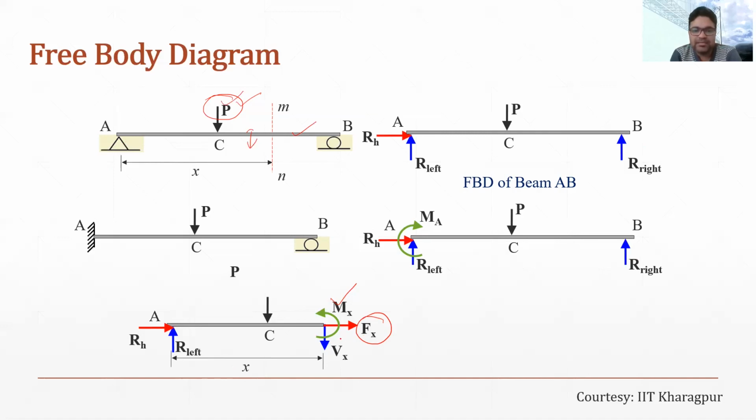So in that case, there is a force which is called shear force, Vx. So this is how we can show the internal forces in the beam. We are just visualizing that if we cut the beam, these are the internal forces at this point: rotation, axial, and shear.